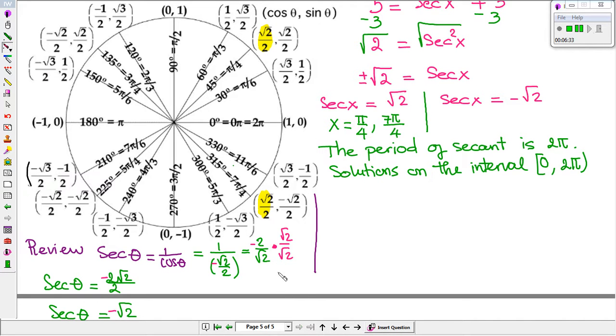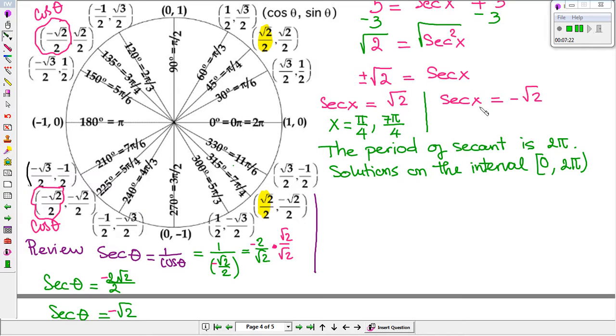So I'm going back to my unit circle from 0 to 2 pi, which is the entire unit circle, and I'm looking for where my cosine is negative square root of 2 over 2. So keep going. This will be the first one, cosine of theta equals negative square root of 2 over 2. Continue, keep going. Here we are. Again, this is my cosine theta.